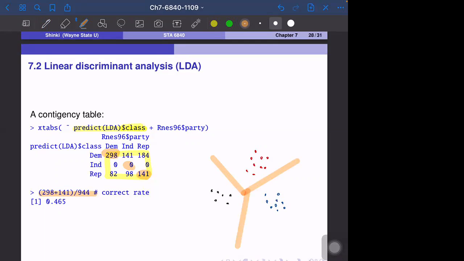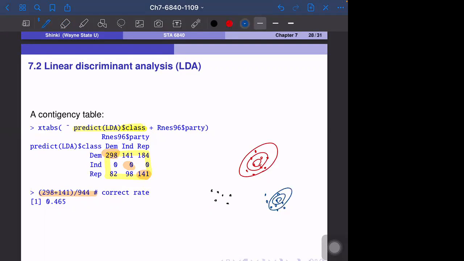But here, probably, the Independent is just between Democrat and Republican. If we think about the contour plot, the contours have the same shape. But for this specific data set, probably the Independent is in between Democrat and Republican.